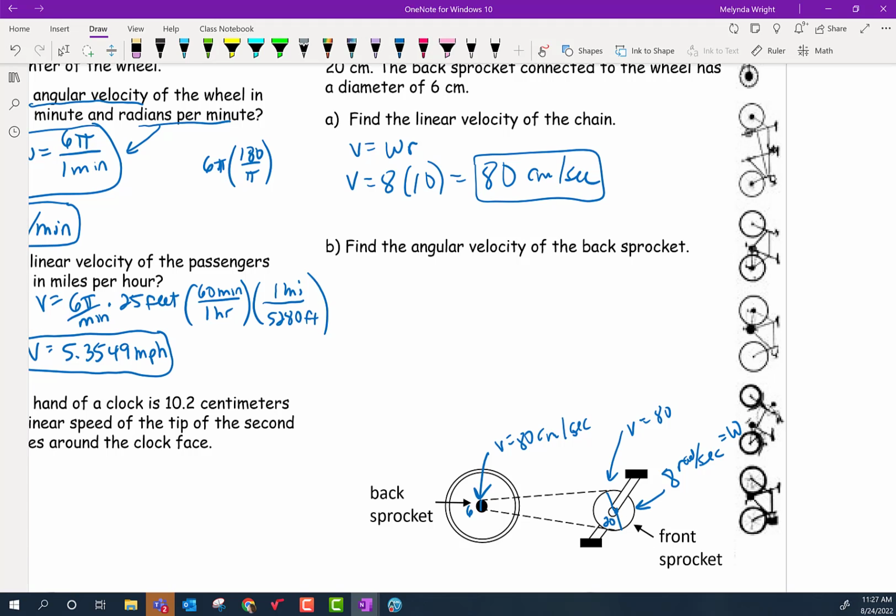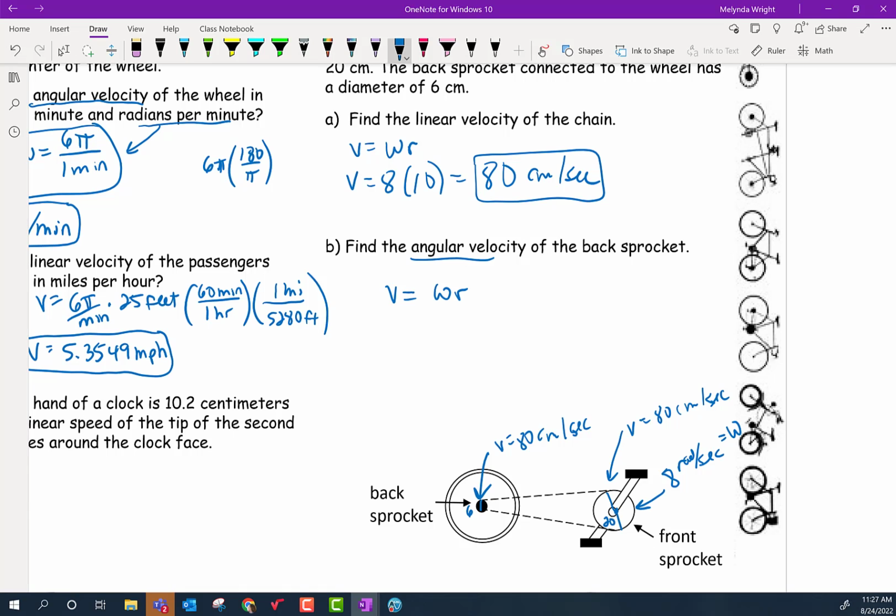Are they going to necessarily have the same angular velocity? No. Okay, let's write our formula out. Angular velocity is omega equals, let's write this little guy out. Linear equals omega, or angular, times r.